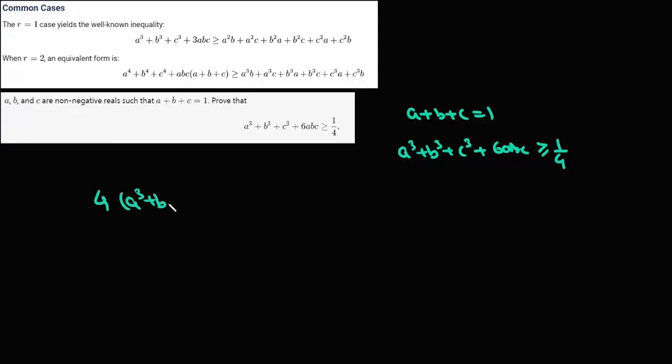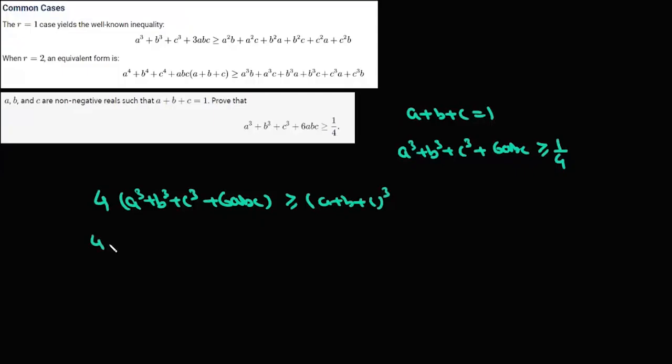Now let us take up an example. Say for example, it says if a, b, c are non-negative real numbers such that a plus b plus c is 1, then prove that a cube plus b cube plus c cube plus 6abc is greater than or equal to 1 by 4. Now what we can do is we can write this as 4 times (a cube plus b cube plus c cube plus 6abc) is greater than or equal to 1, and we can write this 1 as (a plus b plus c) whole cube.